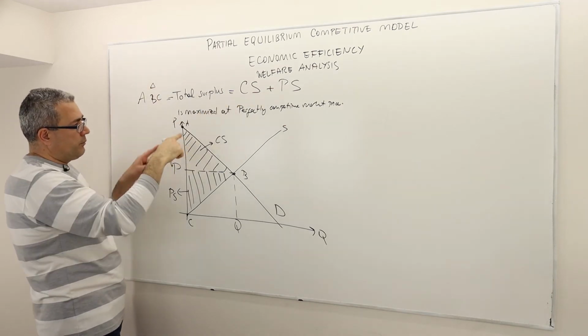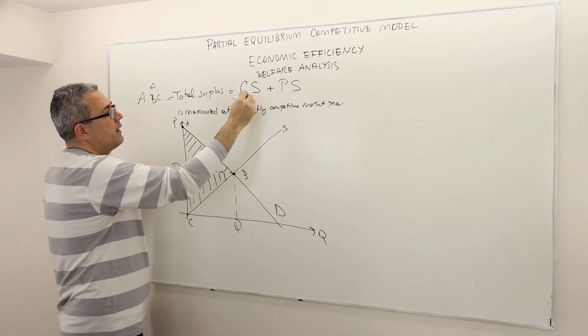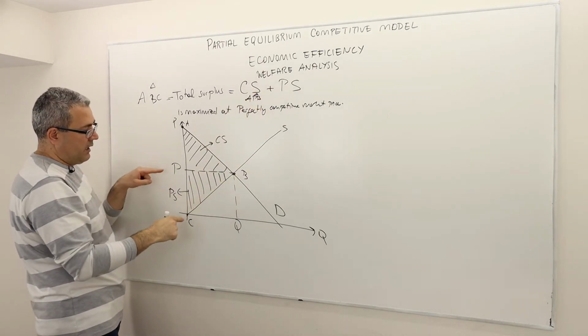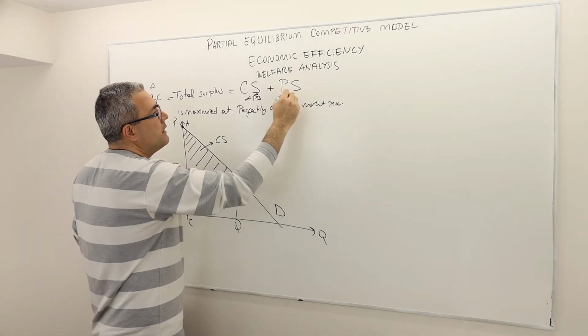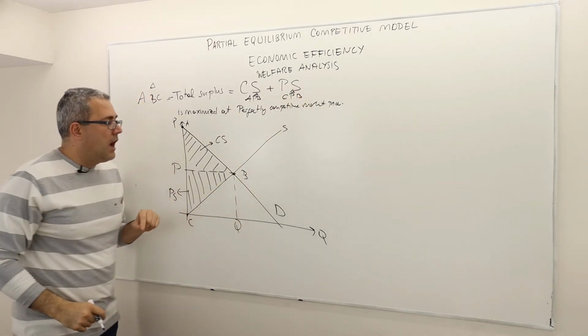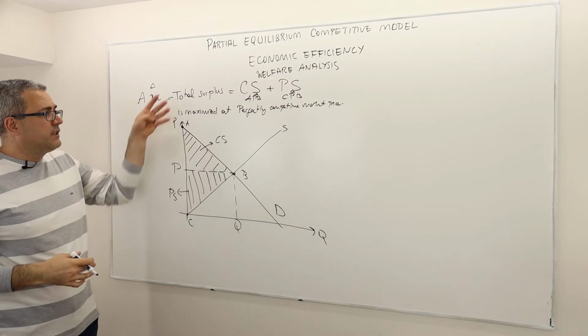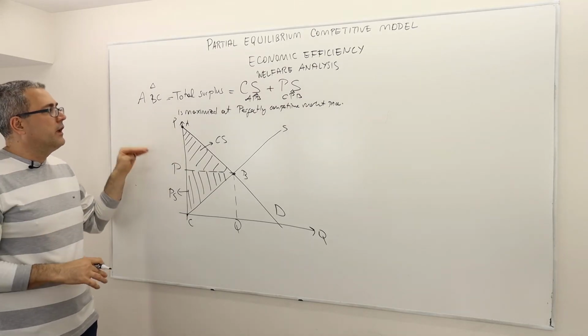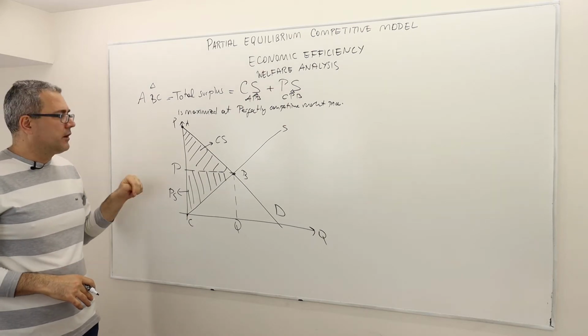The consumer surplus is the APB triangle, and the producer surplus is CPB. All right? The total surplus is maximized at the perfectly competitive market price.